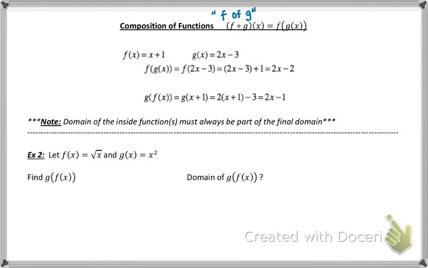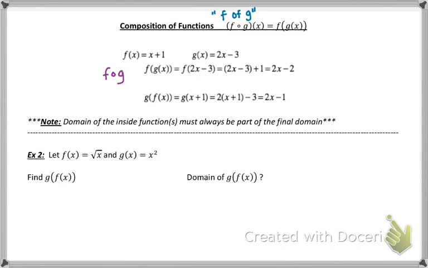You're always putting the one on the right inside the one on the left. So we're putting g inside f if it's written like that, and this is in function notation, seeing that the g of x is inside the f function. So as an example, if f of x is x plus 1 and g of x is 2x minus 3, to find f of g, we're going to put the g function as the input into the f.